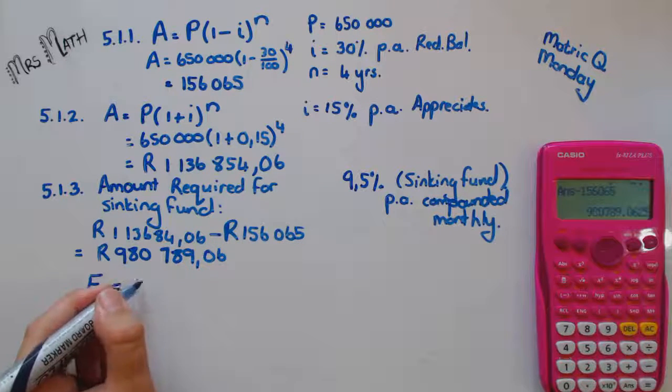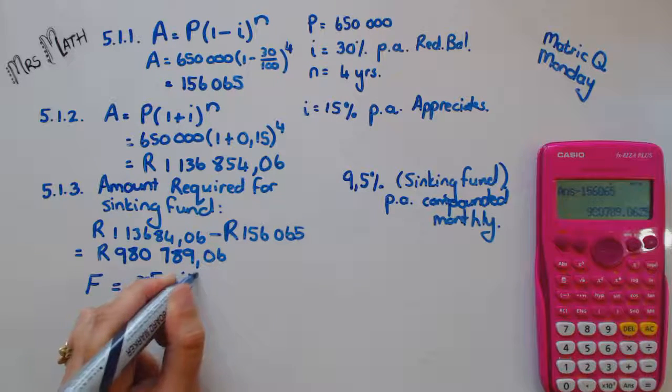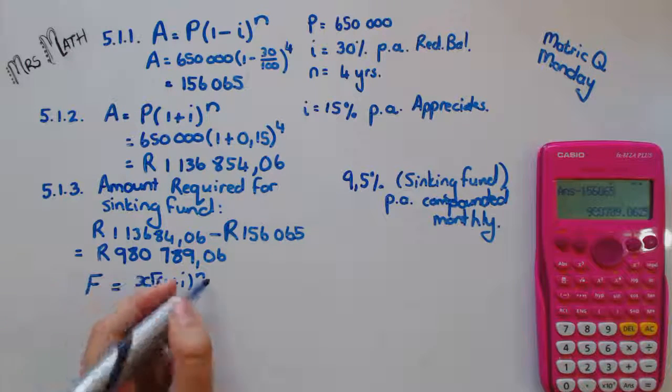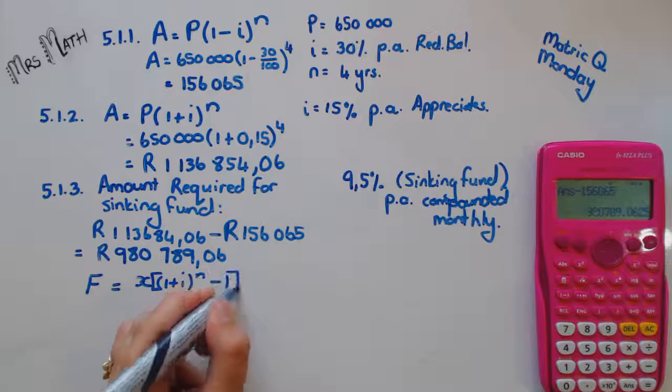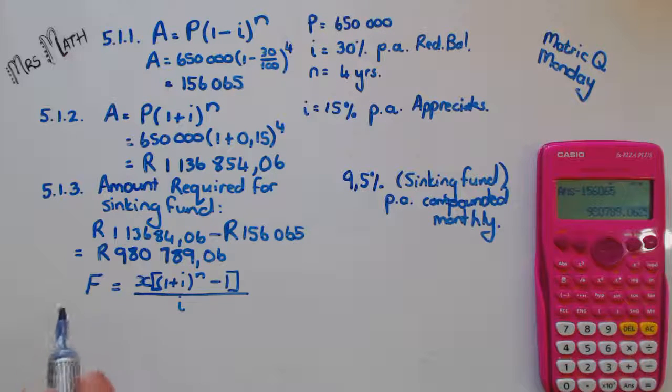Okay, so the future value formula is x, 1 plus i to the power of n minus 1 over i.